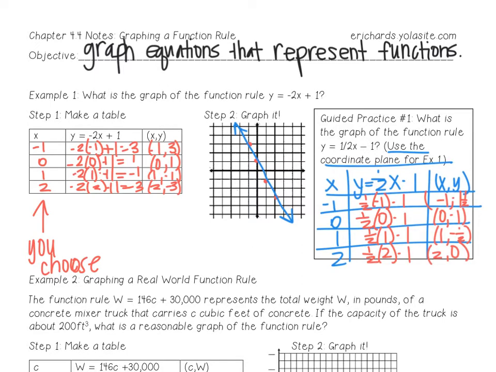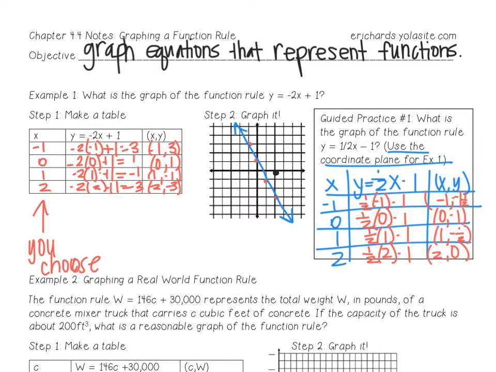Okay, so my points are going to be negative 1, negative 1.5, then 0, negative 1, 1, negative 1/2, and 2, 0. So if I put those points on my graph, I'm going to graph this one in black. I'm going to graph the easy ones. 2, 0, which is going to be right 2, up or down 0, put a point there.